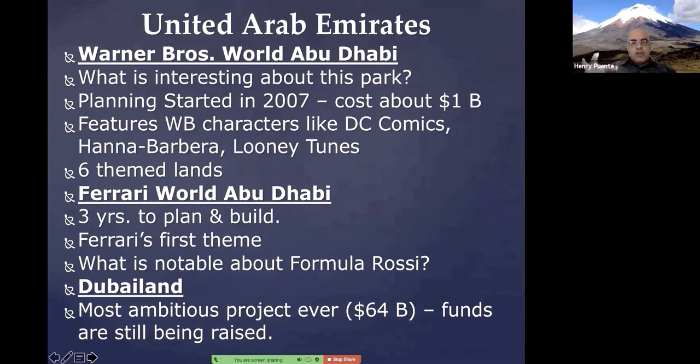So this is just a quick point of view. I'm not going to sit here too long on this because I'm not sure if you guys have any sort of motion sickness, but here is a point of view of the Formula Rossa ride.